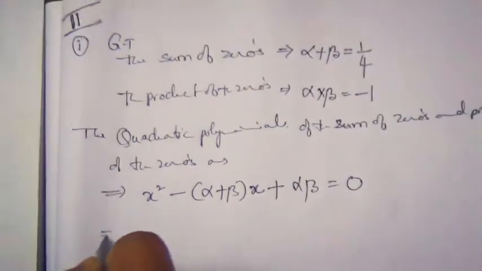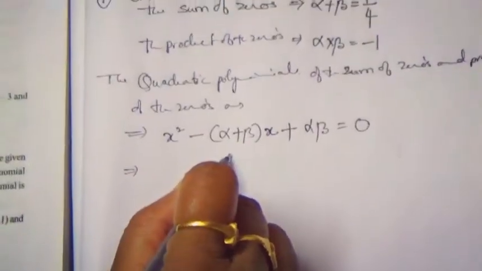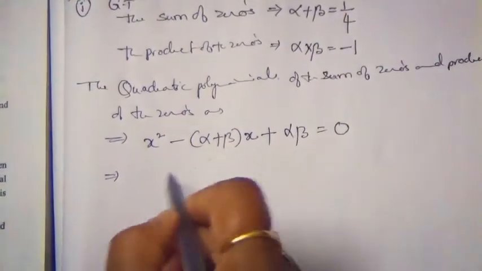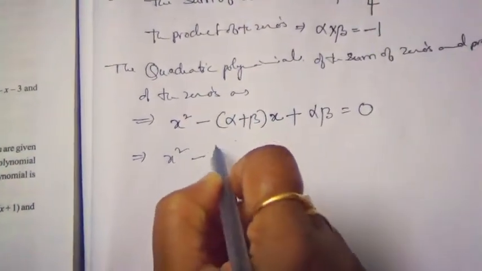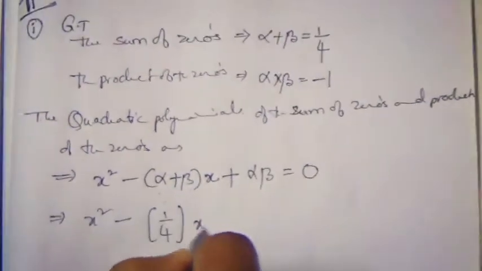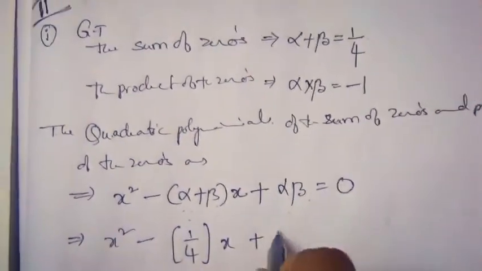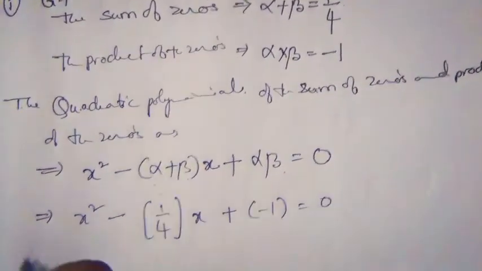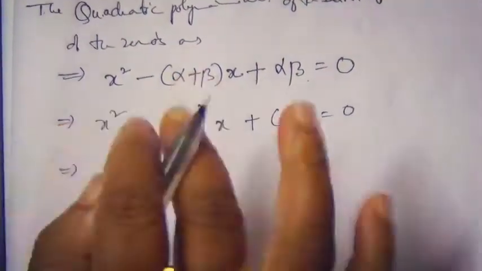It is the equation. You have to write the values of alpha plus beta and alpha into beta. x square minus alpha plus beta value 1 by 4 into x plus alpha into beta, minus 1, is equal to 0. You just write it in proper way.